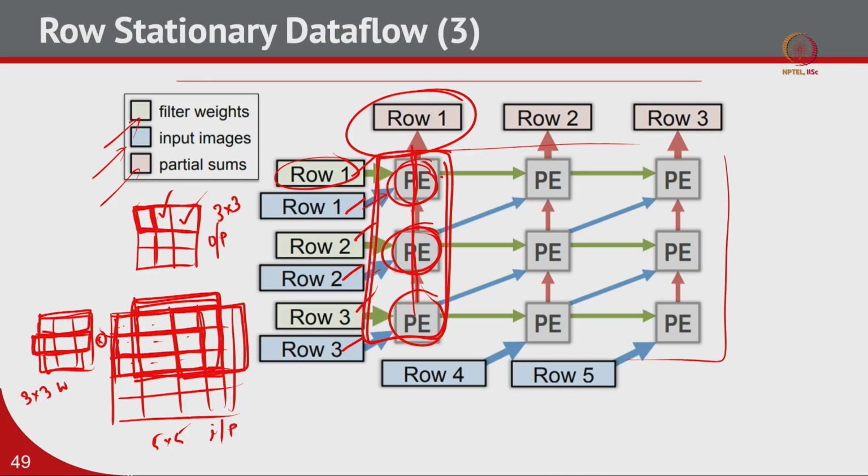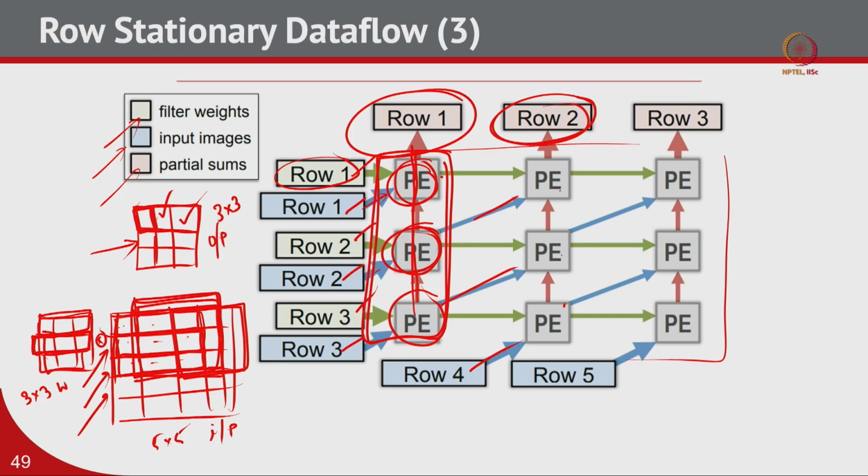Now, similarly, to get the second row of the output, we have to feed row 2, row 3 and row 4 of the input image, right. So, this row 2, row 3 and row 4 has to be fed to the PEs, with the same weight values, to obtain the second row of the output feature map, right.